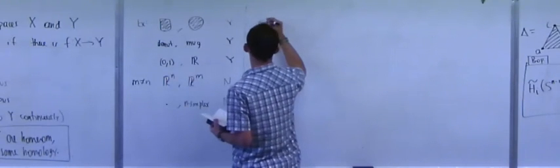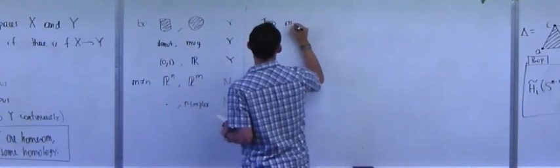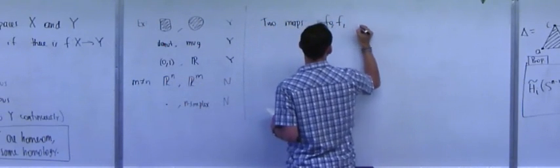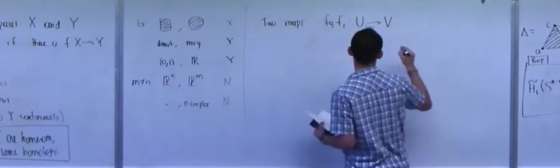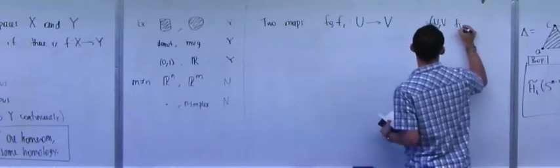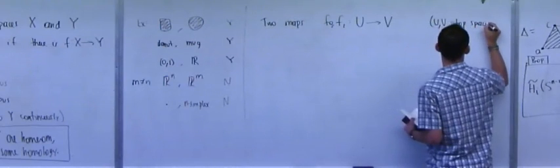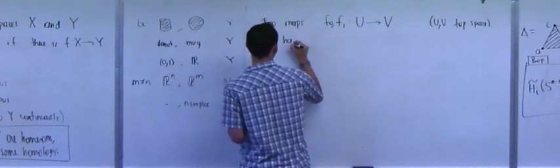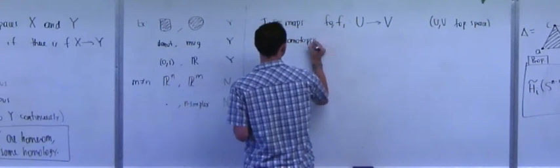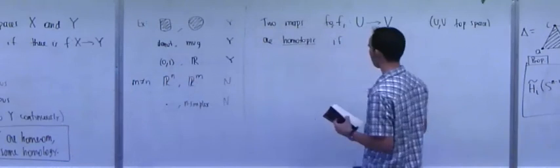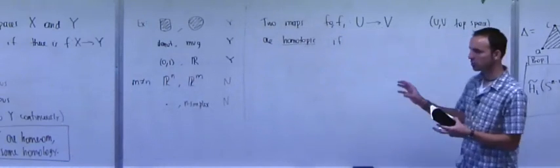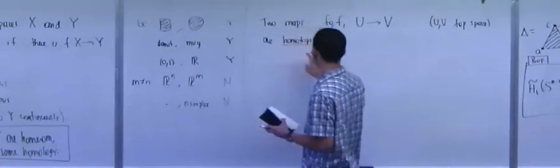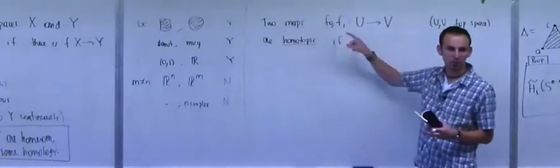So definition: two maps, let's call them F0 and F1, from a topological space to another one, are homotopic if... here we were thinking of deforming X into Y. Here we're thinking of deforming the map F0 into the map F1.